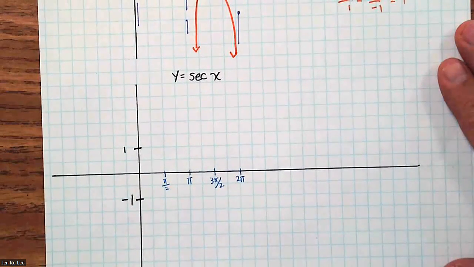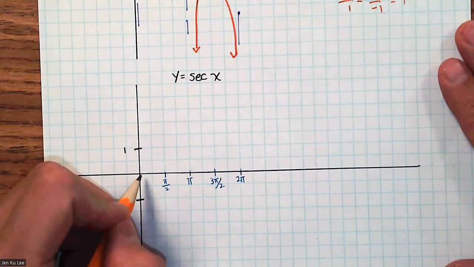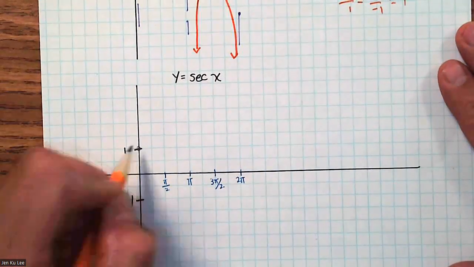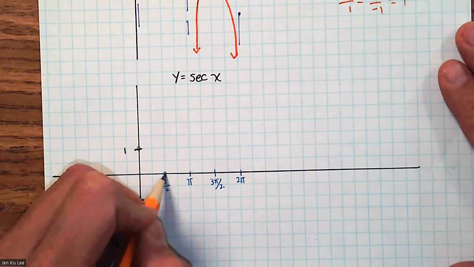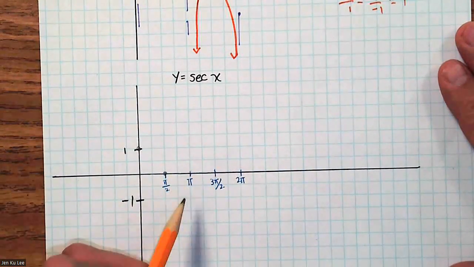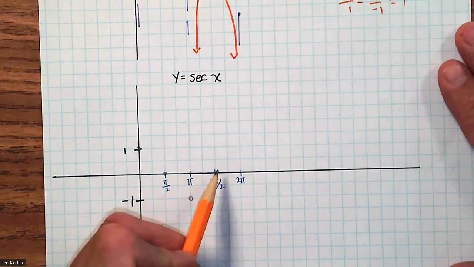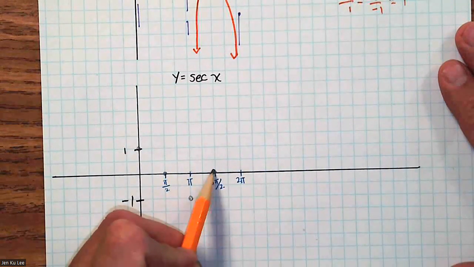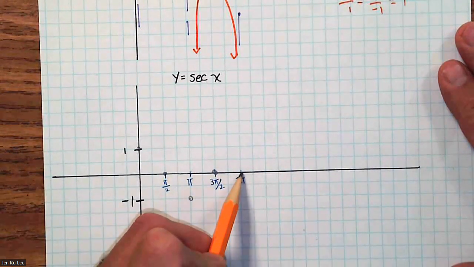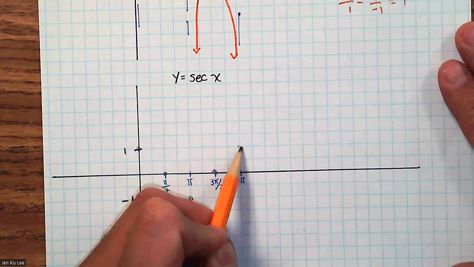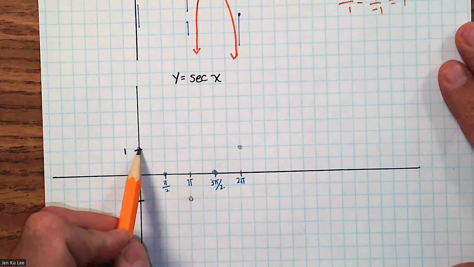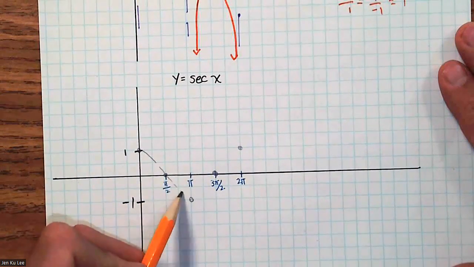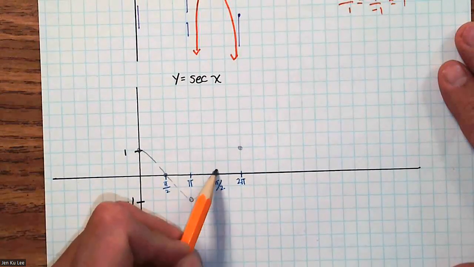Okay. And then in pencil, cosine of 0 is 1. Cosine of pi over 2 is 0. Cosine of pi is -1. Cosine of 3 pi over 2 is 0. Cosine of 2 pi is 1. Right? So I have this cosine function.